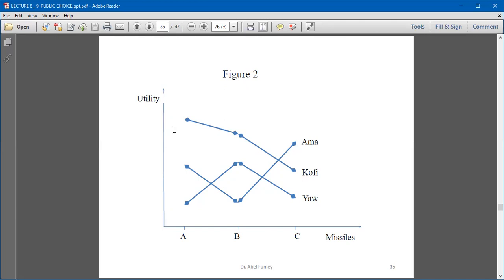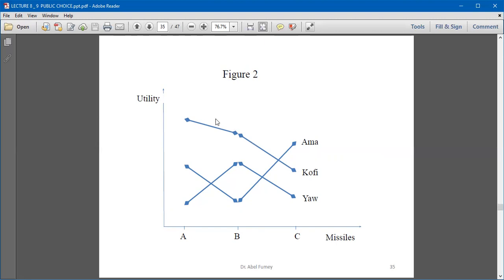Kofi preferred A to B, which means that A will give him a higher utility than B. That's why the utility level is falling as we move from A to B. And then he preferred B to C, so from B to C, there's a fall in utility.